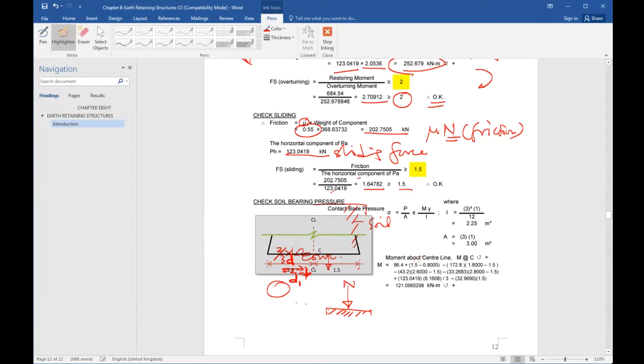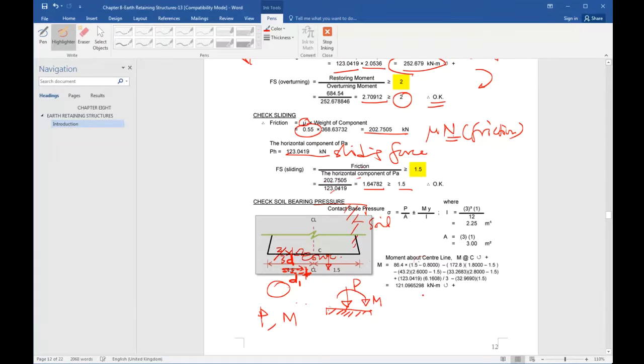If that section is under an axial force, N or P, and then a moment, so that is the P, and then the moment, right?